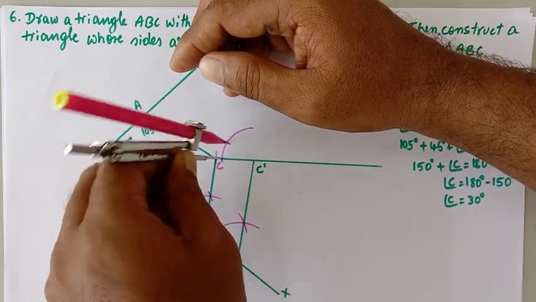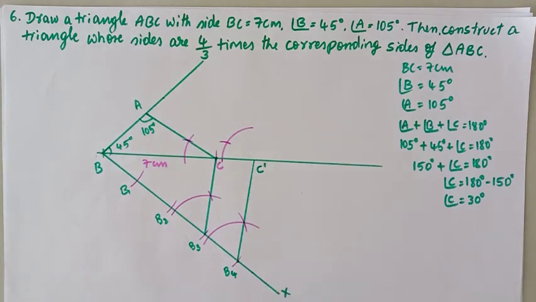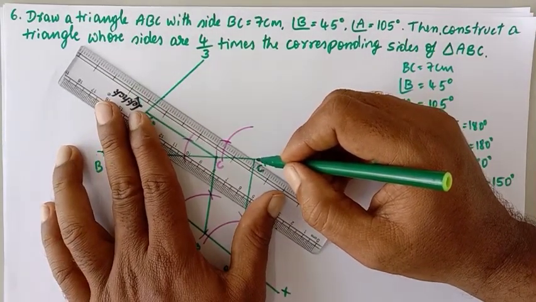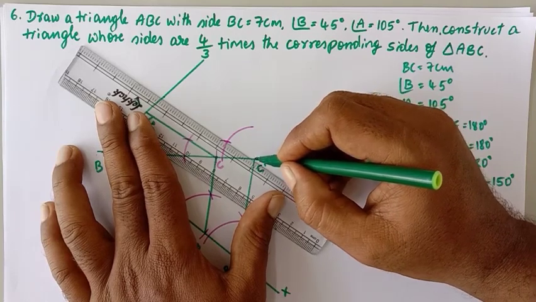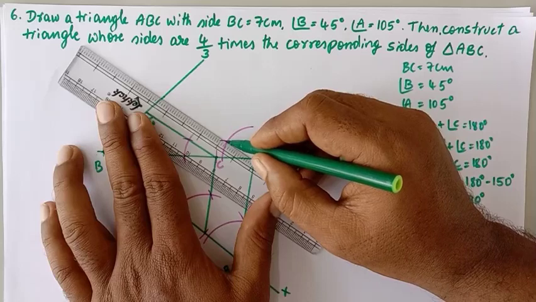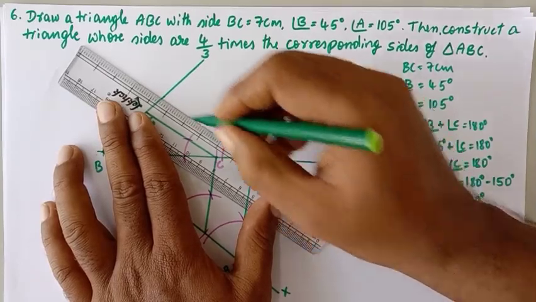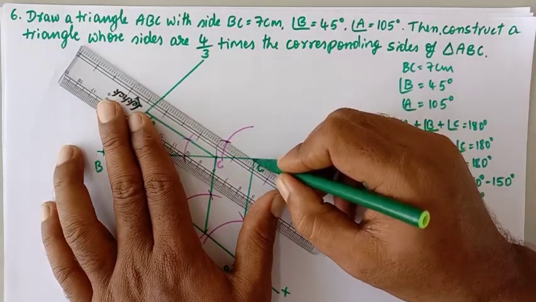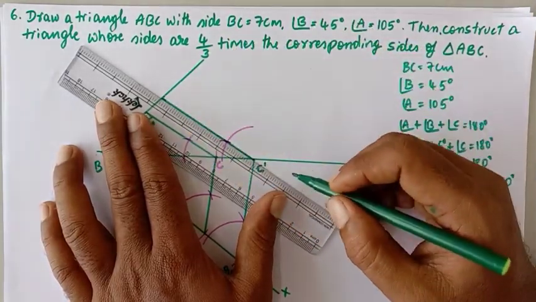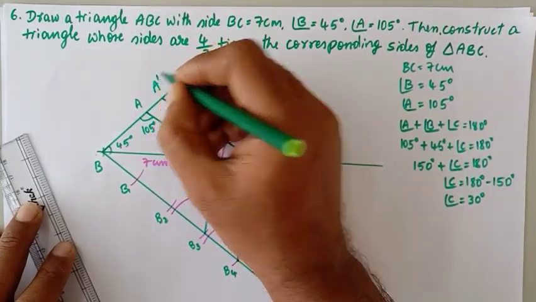Yes, I got it, and then afterwards I will be drawing a line from C dash through the point of intersection of the two arcs, and which reaches this line, and this point is called as A dash.